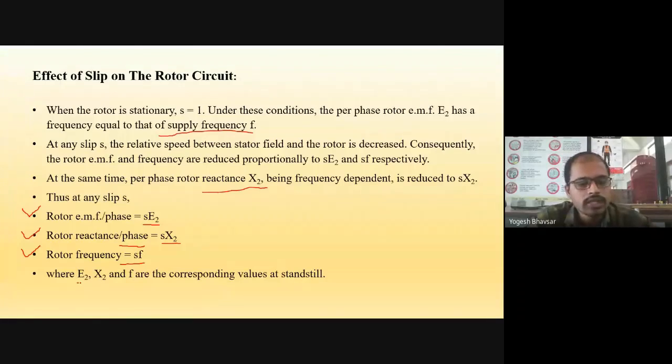These are all values for the stationary rotor. E2, X2 and f are the values at standstill whenever the rotor is stationary. And whenever the rotor is running, at that time we have to multiply by s.